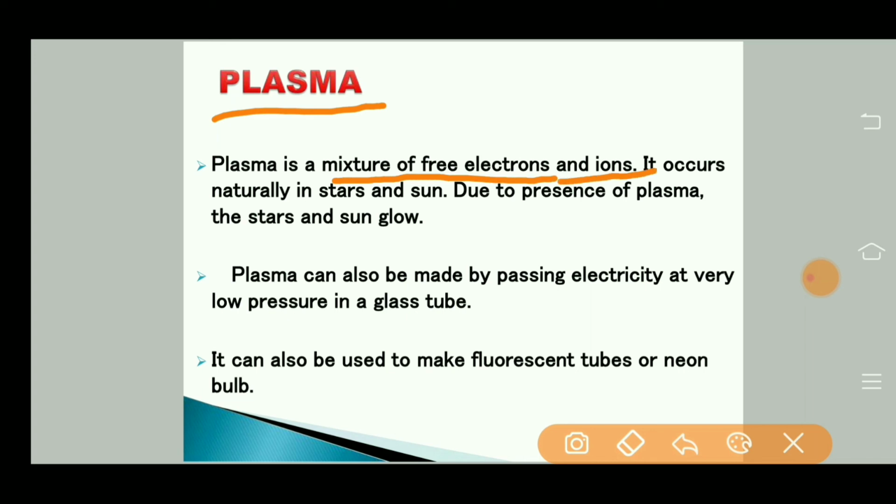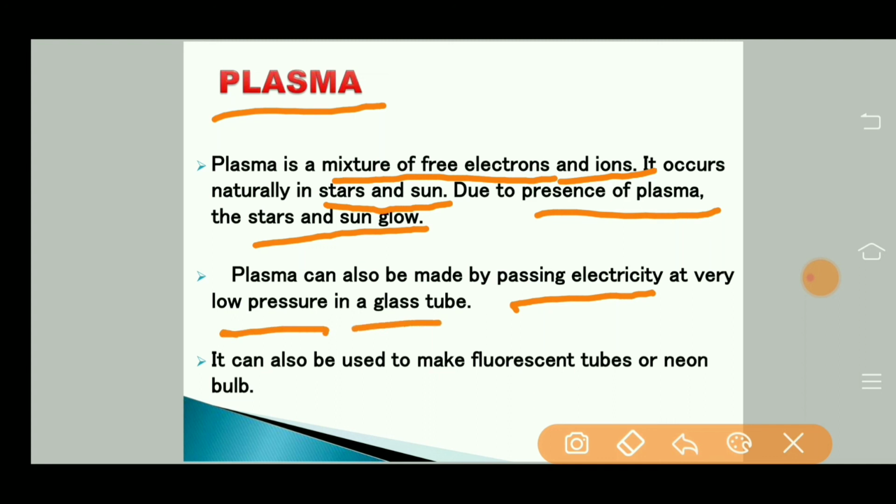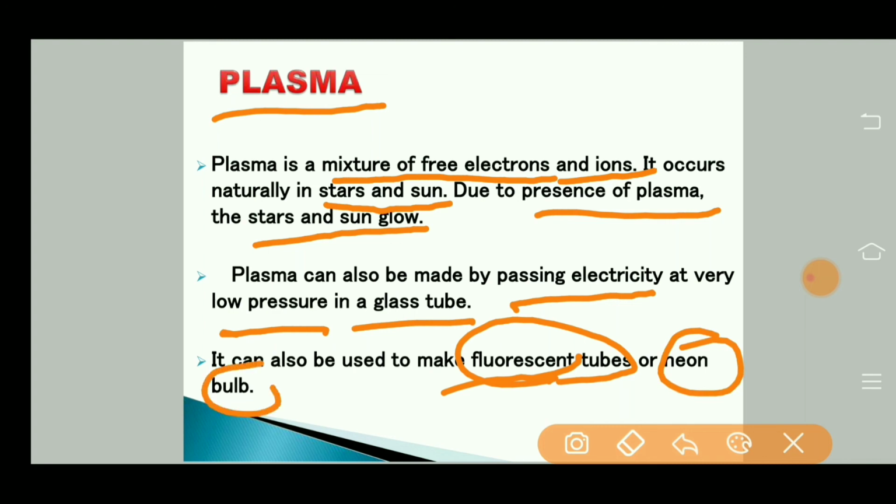It occurs naturally in the stars and in the sun. Due to the presence of this plasma, stars and sun glow. Plasma can also be made on the earth by passing electricity at very low pressure in a glass tube, so that it can be used to make fluorescent tubes and neon sign bulbs.